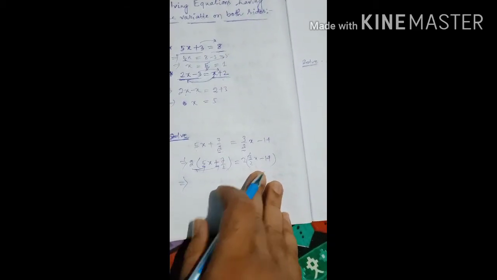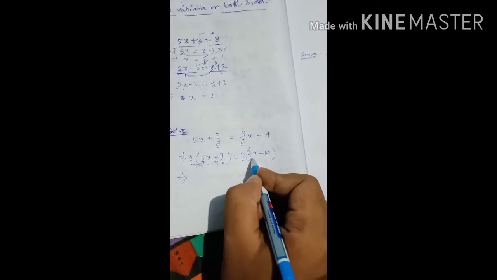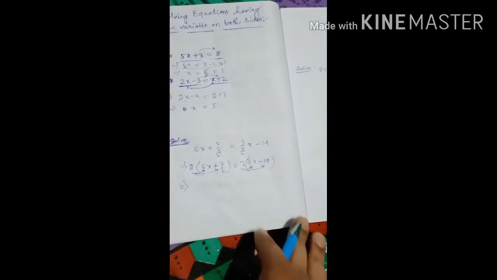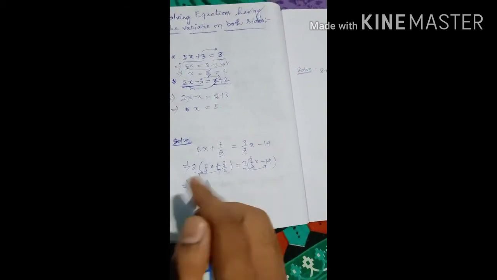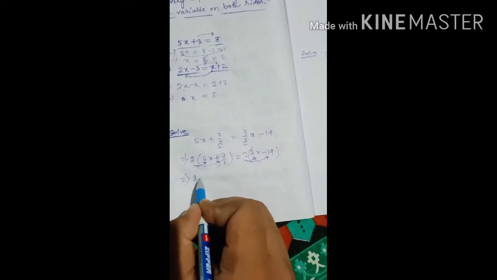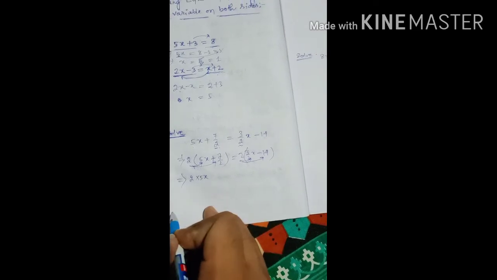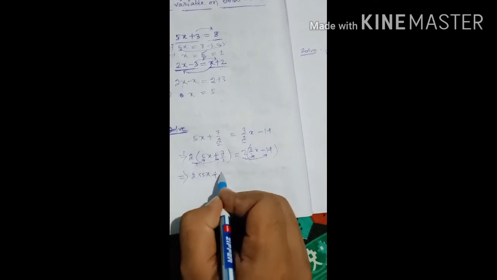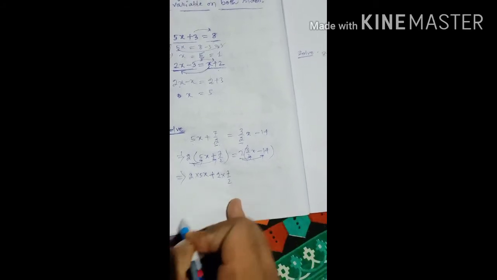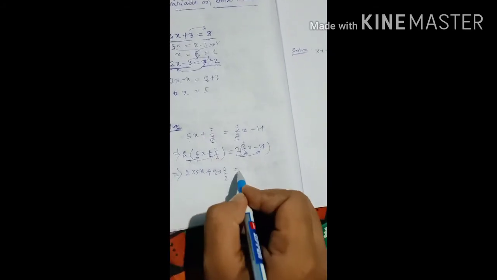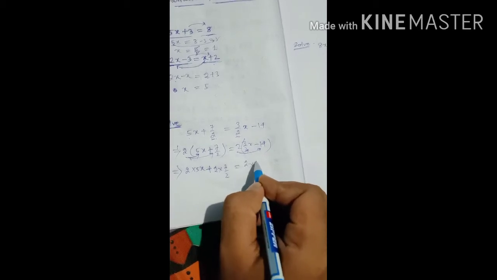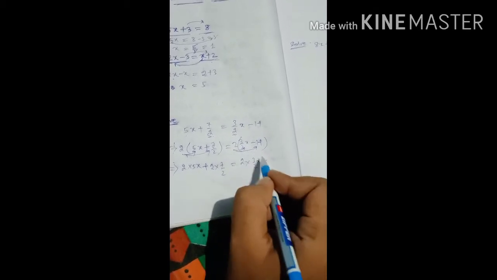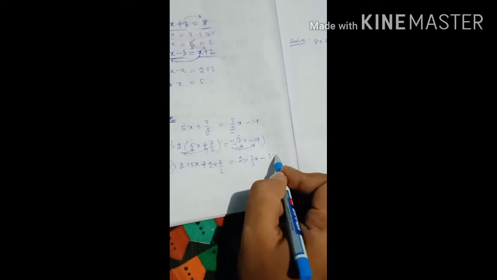Again these 2s will multiply with 3 by 2x and minus 14 both as per the distributive property. So 2 into 5x plus 2 into 7 by 2 is equal to 2 into 3 by 2x minus 2 into 14.